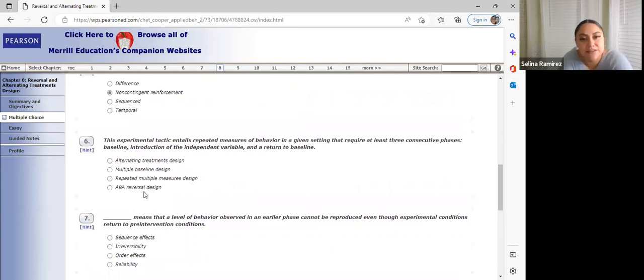This experimental tactic entails repeated measures of behavior in a given setting that require at least 3 consecutive phases: baseline, introduction of independent variable, and a return to baseline.